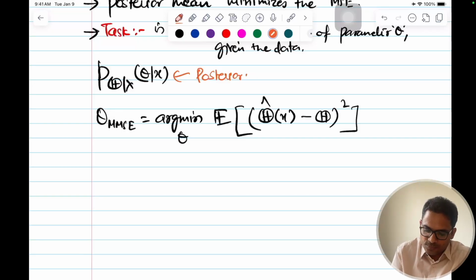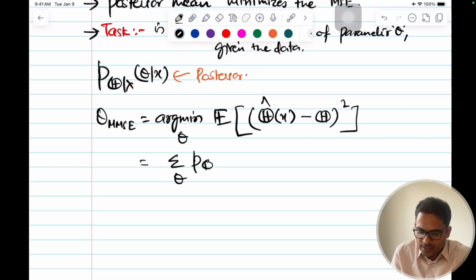So this will be equal to sigma over theta. I'll write it the other way around. Generally this is the probability of theta. So we see the probability into x, right?